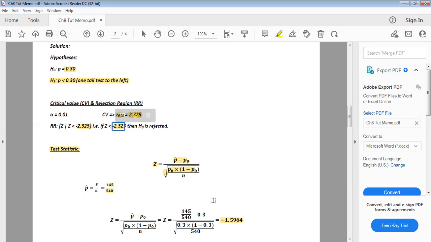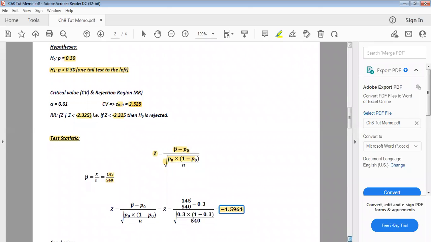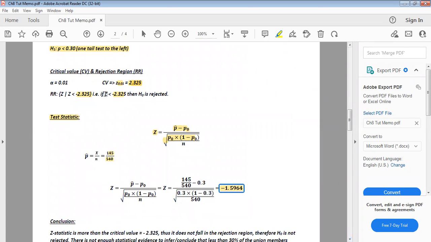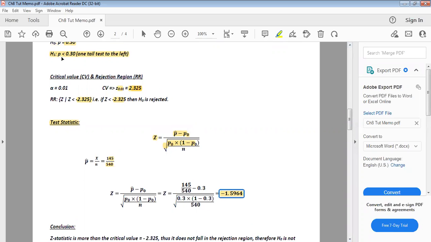It's not less, it's greater, because this is greater than negative 2.325. All right. So this is a critical thing you need to figure out. When you find your critical value, remember what your alternative is. Your alternative is not greater than, it's less than, meaning that your test statistic must be less than the negative value.